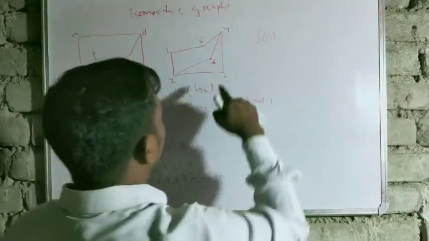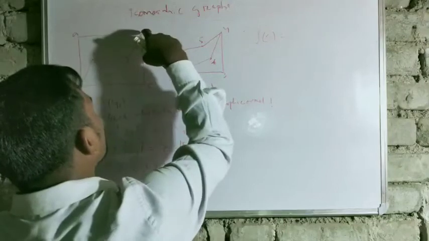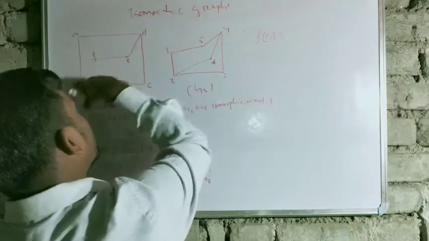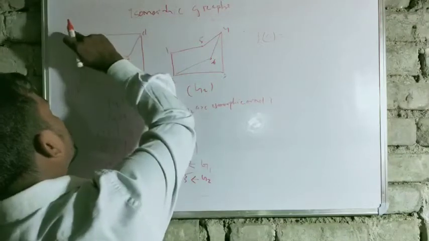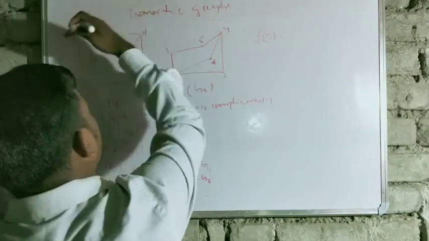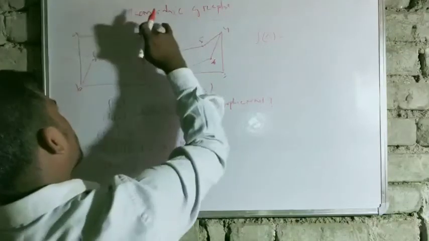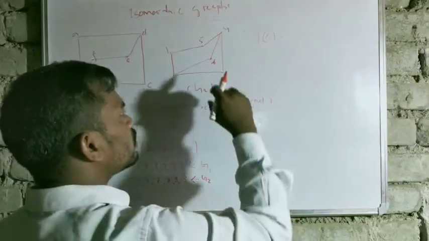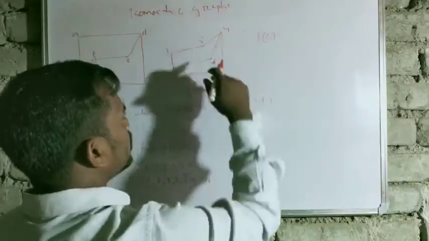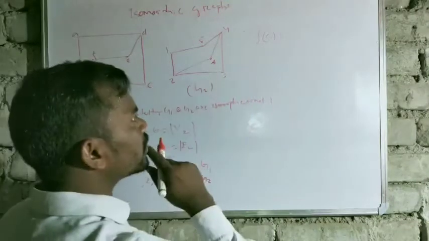Choose any degree 2 vertex such that both adjacent vertices are of degree 3, because the adjacent vertices of A are D and B, both of degree 3. So you have to choose a vertex here such that its adjacent vertices are of degree 3.